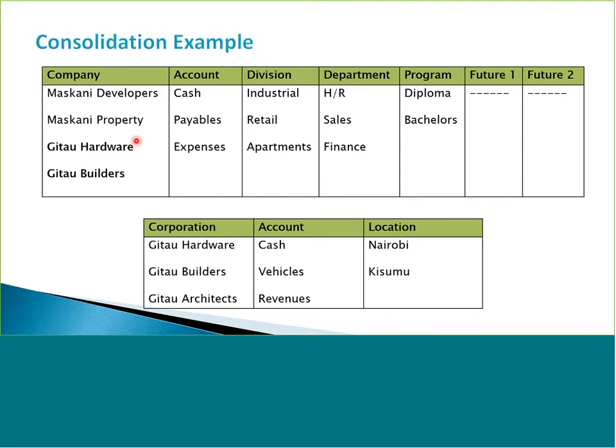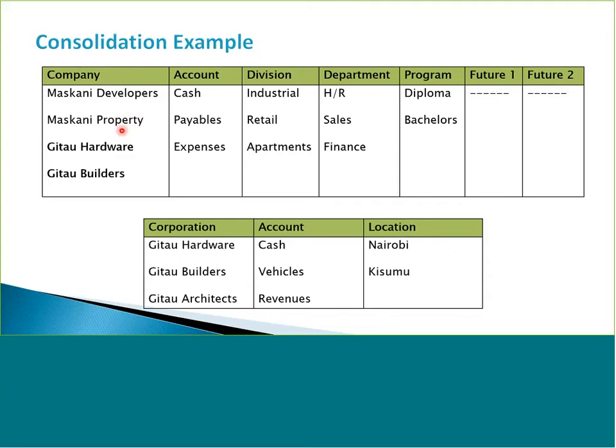Remember, I said in the previous lesson that we have to create these companies here in the parent chart of accounts, or in this value set, so that we can map the values from the subsidiary to them, and we don't have to mix up that data with the already existing data from Maskani developers and Maskani property.